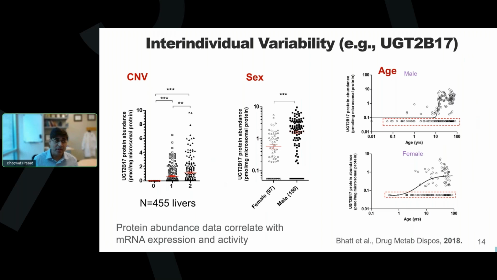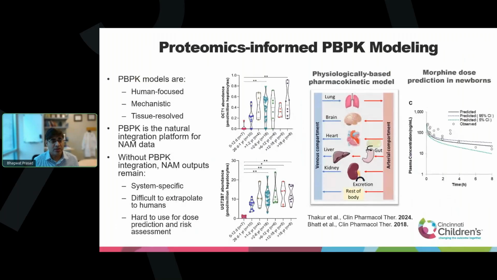So I was basically showing this slide where you can clearly see the difference in UGT2B17. The good thing about the proteomics data is you can integrate these data into PBPK modeling. So in the case of age-dependent variability in protein abundance, we can integrate this into a physiological model, and we can predict drug clearance based on the changes in the level of these proteins that are determining drug metabolism or drug transport.